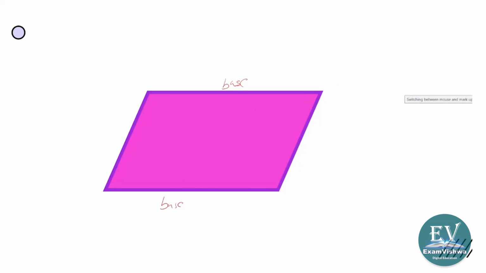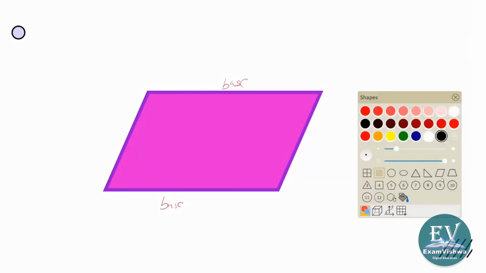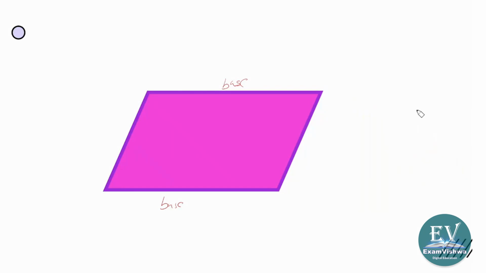Suppose that I think here I will get a parallelogram in the ready-made tool. Let me see. Yes, there is a parallelogram for my luck. This is also a parallelogram. This is a parallelogram. And all these are parallel.